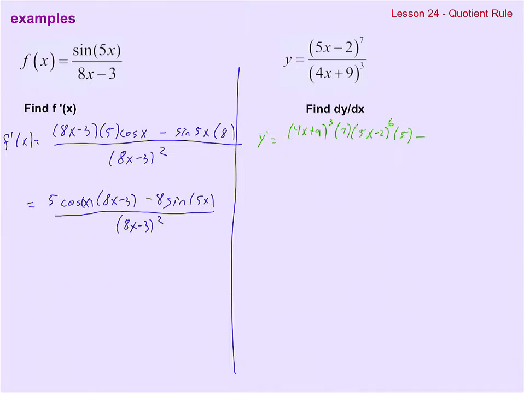So just a little bit of color coding. This whole thing here was the derivative of the high, the derivative of the numerator. We'll keep going. Minus high d low. The derivative of the denominator is going to be very similar to the derivative of the numerator. First, we'll use the power rule.